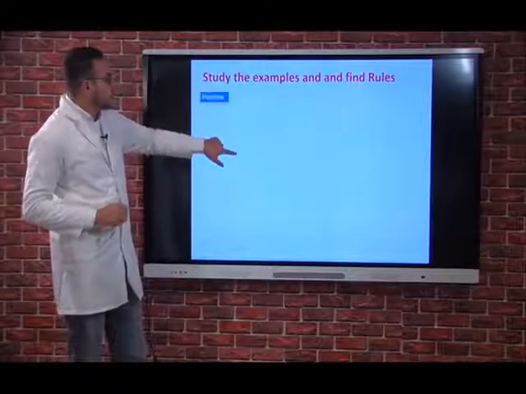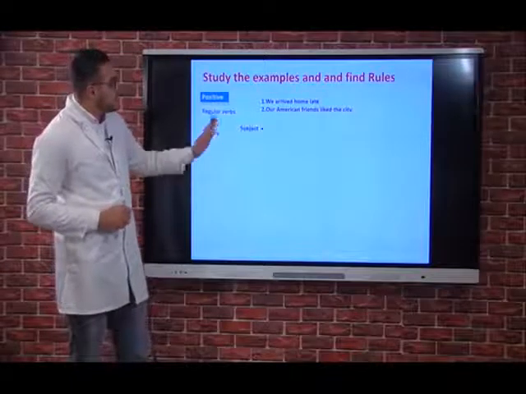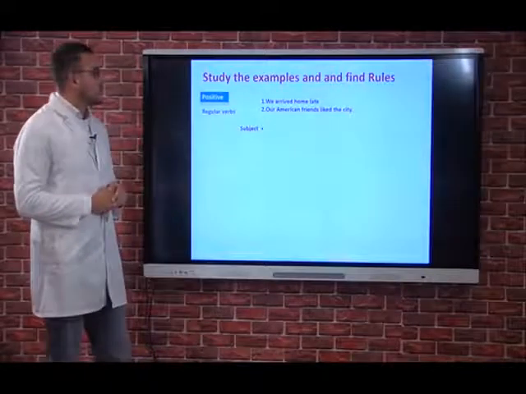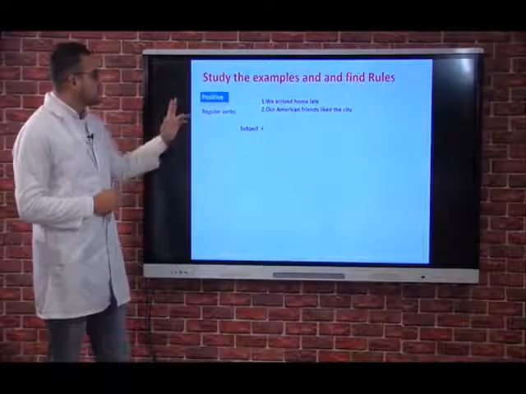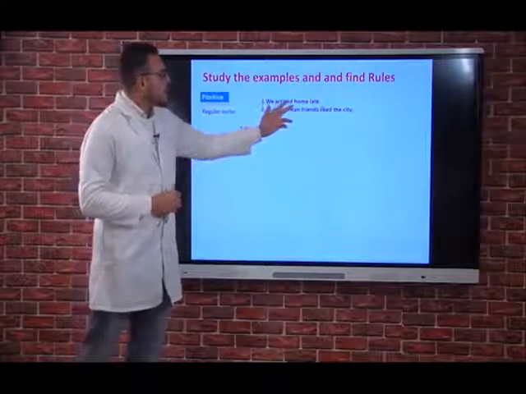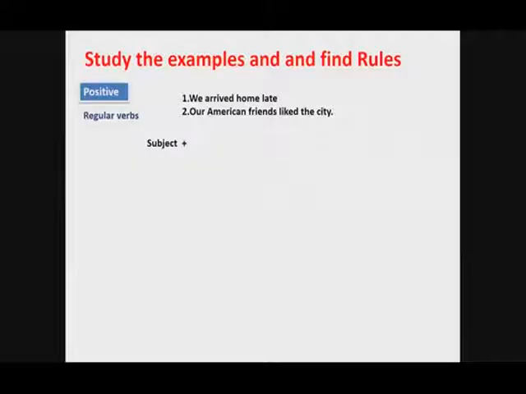Okay? So I need you to study the following examples and try to fill in this chart. Try to continue this structure in here. The first example, we arrived home late. We arrived home late, and we have a full stop in here, sorry.